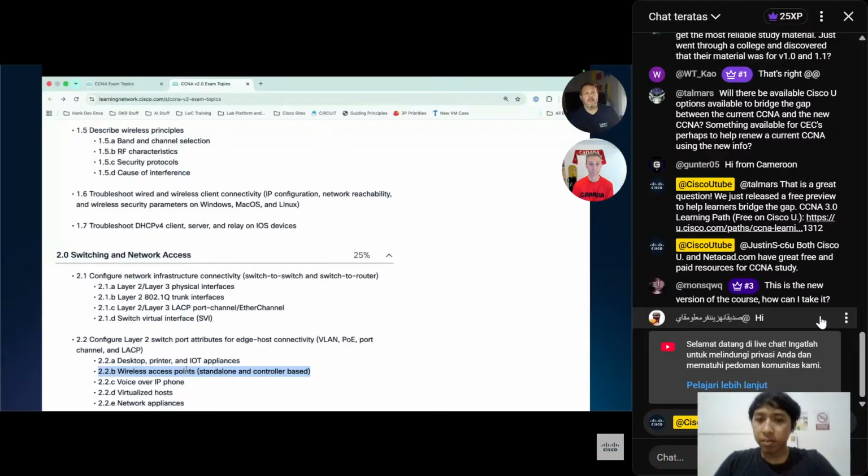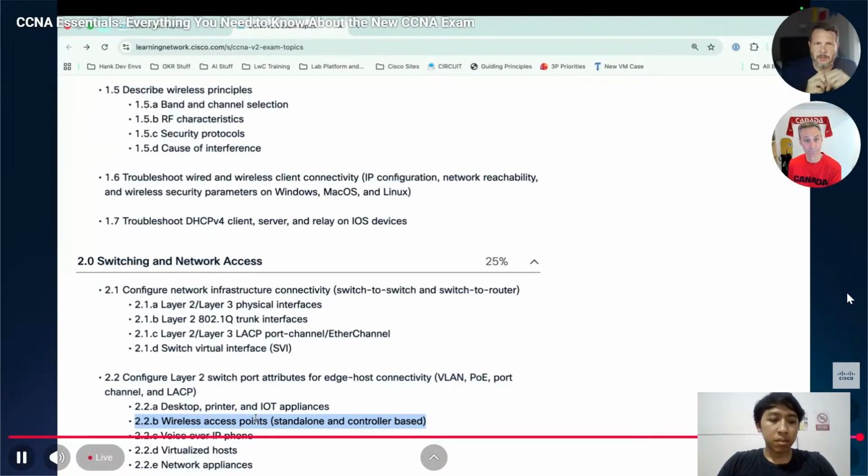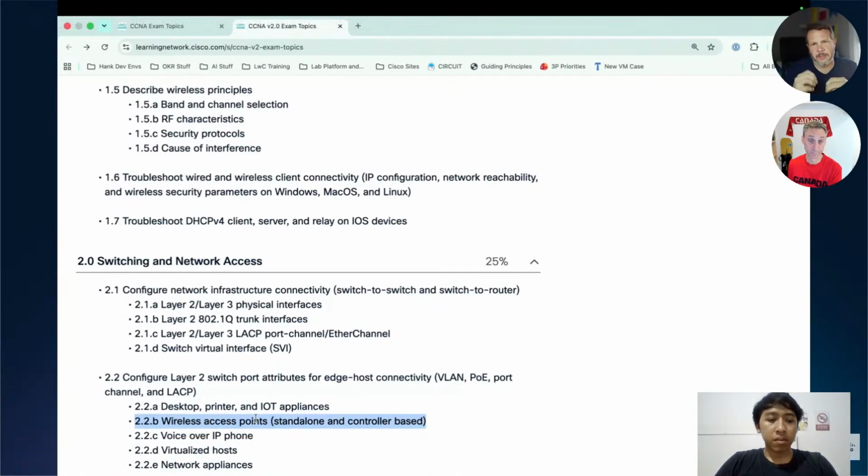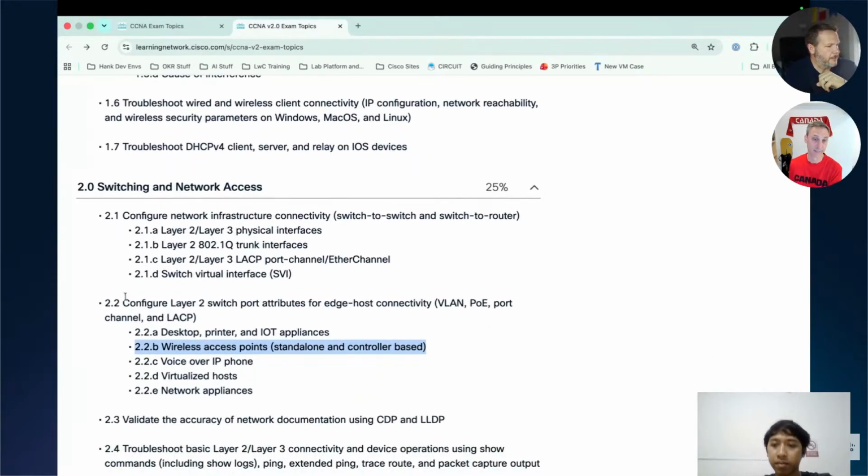It is, yeah, and that's the other thing you'll notice as you read the tasks. We specifically tried to phrase them in ways that were less just technology focused, like what is this protocol, what is a VLAN, and put those in context for what the day-to-day tasks are going to be. And so I've got it down here on the blueprint now: configure layer 2 switch port attributes for edge host connectivity. And we've mentioned wireless access points. What does it take to connect an access point to the network effectively?